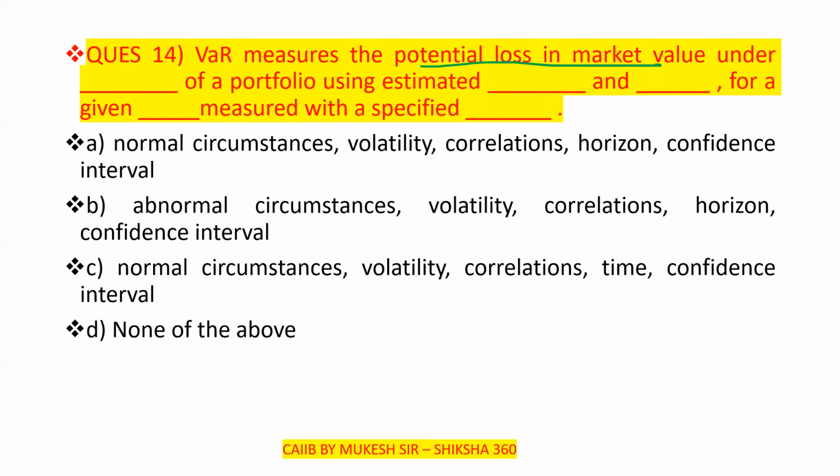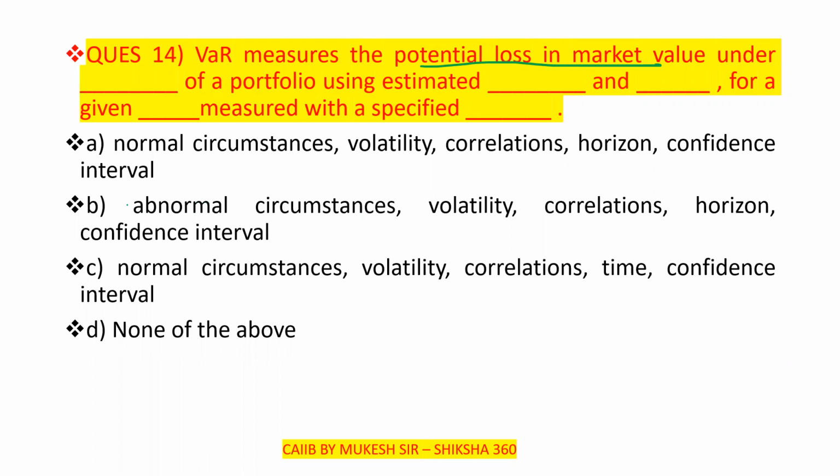Please remember that value at risk measures the potential loss in the market value under normal circumstances or abnormal circumstances? We have already discussed it will not measure when the market is under abnormal conditions.